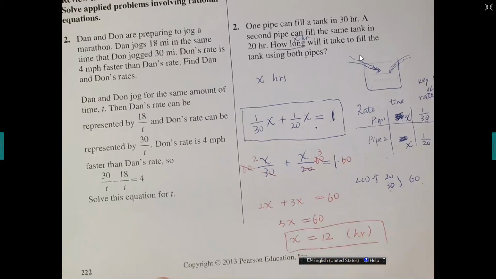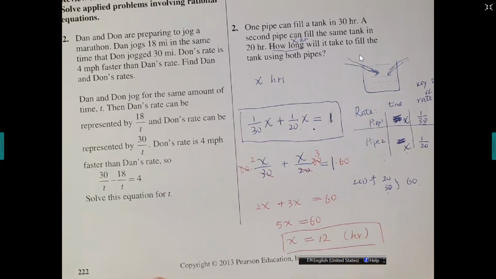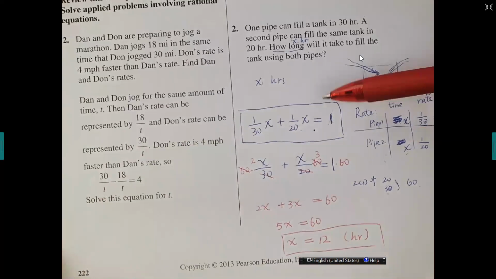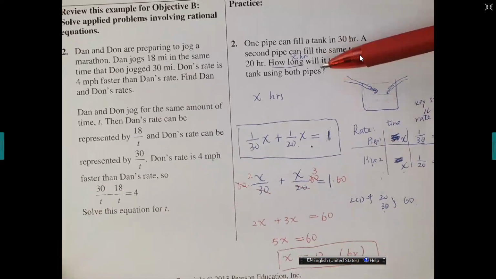It will use 12 hours to fill up the entire tank if both of the two pipes are on. And this is one typical word problem. In this chapter, there are so many different types of word problem, and let's look at another one.